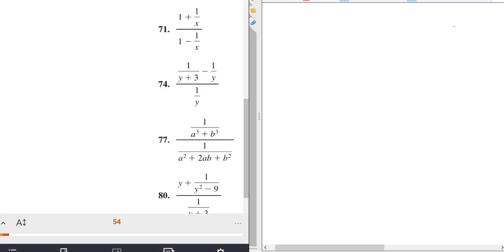So for 77, do you see that we have two fractions connected by division? So could I do this instead? Is this exactly the numerator? And is this exactly what that big fraction bar between them means?